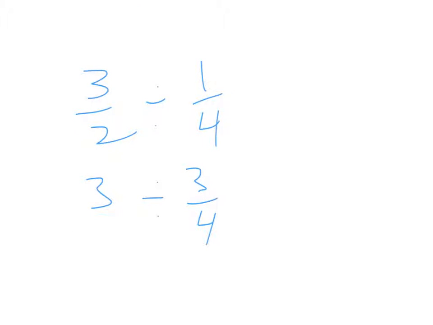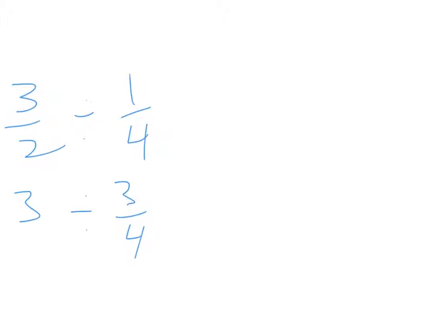So here we're going to work on dividing a fraction by a fraction. We're going to look at 3/2 divided by 1/4. The way I look at that is I build the 3/2 and then look at how many groups of 1/4 I can get out of those halves.